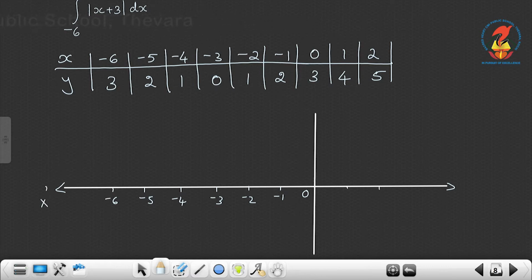Right hand side 1, 2, 3, and here 1, 2, 3 on the y-axis. So the points are minus 6, 3; minus 5, 2; minus 4, 1; minus 3, 0; minus 2, 1; then minus 1, 2; 0, 3; then 1, 4; then 2, 5 like that. So we can draw the line.